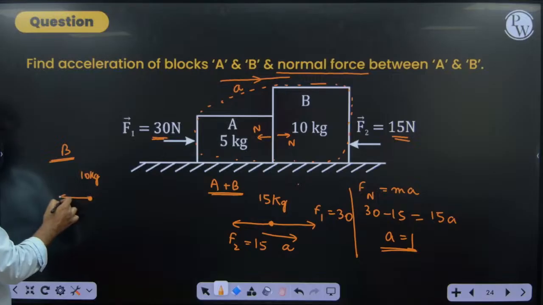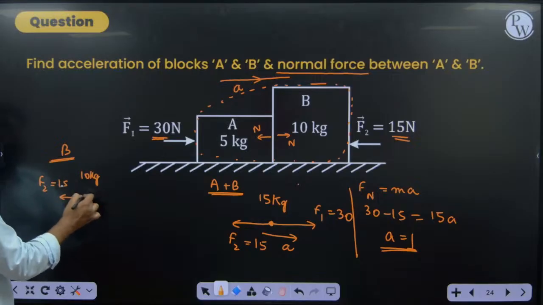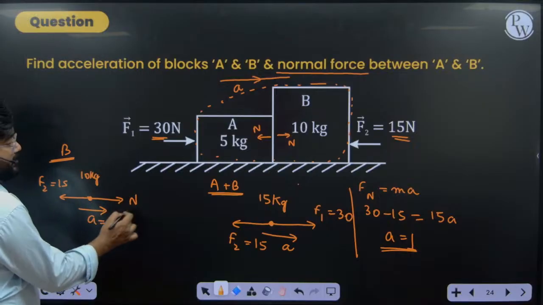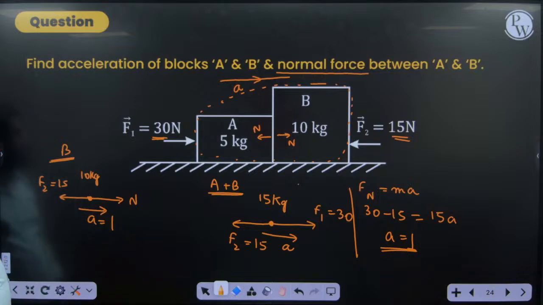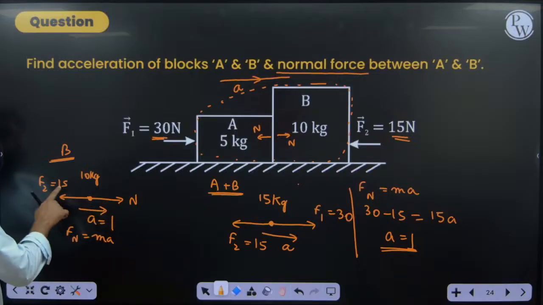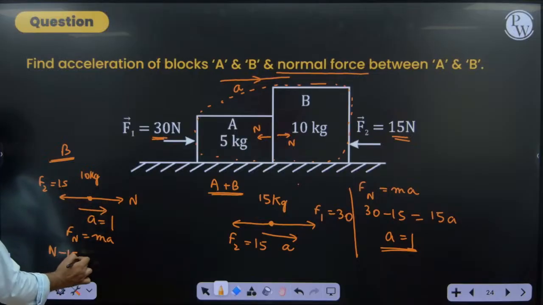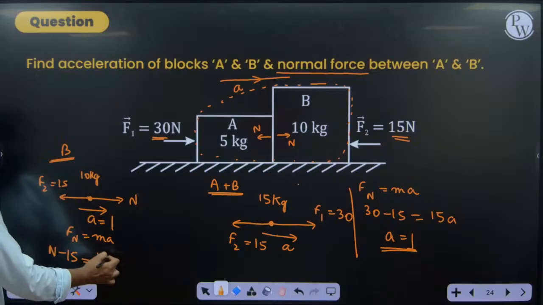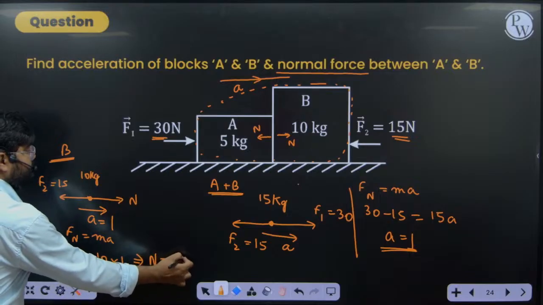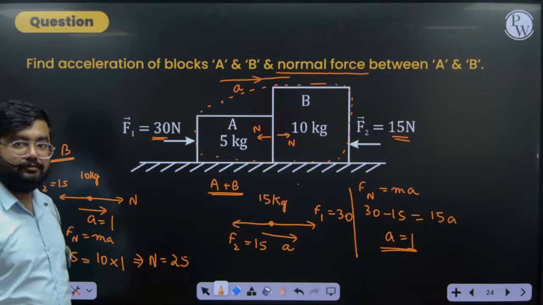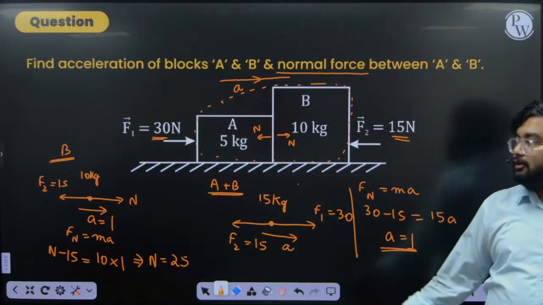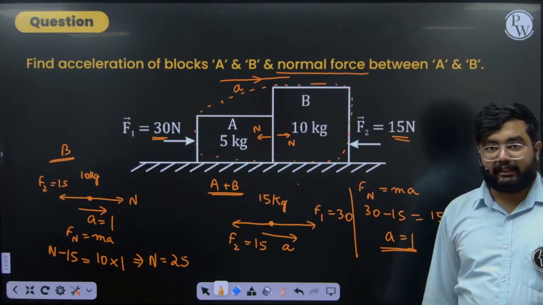On the left, we have 15 Newton, and on the right, we have normal reaction N. We calculated acceleration as 1. Net force equals mass into acceleration, so N minus 15 equals 10 into 1. From here, normal reaction comes out as 25. So this is the answer. The same normal reaction can also be obtained by making an FBD of A, which you can try later.